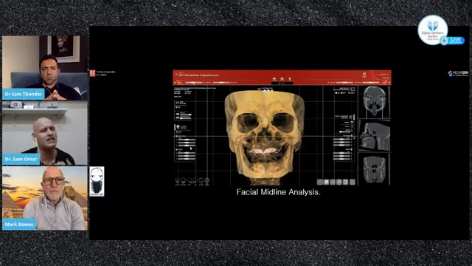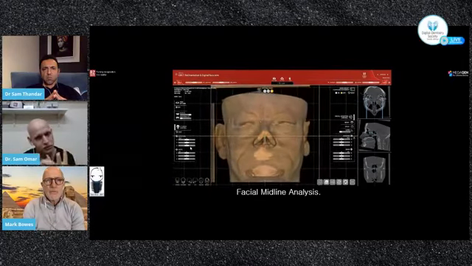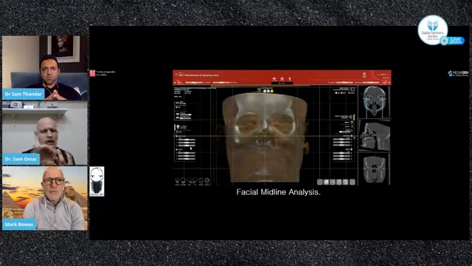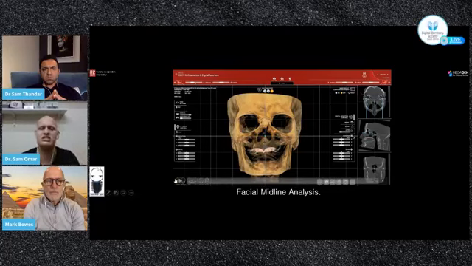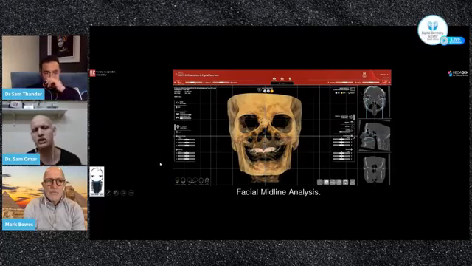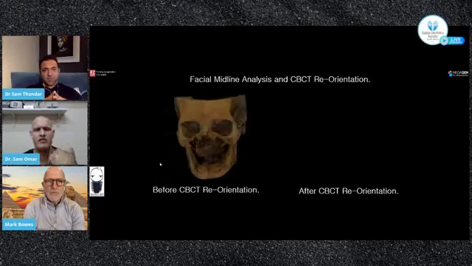So for instance, if you need to get the patient's natural head position, or if you need to get Frankfurt horizontal plane, especially Frankfurt horizontal plane, because we'll talk about this extensively right now, through this function, you could actually do that. And again, this is something that could be done in a computer. If it can be done in a computer, just do it on the computer and save yourself a little bit of time.